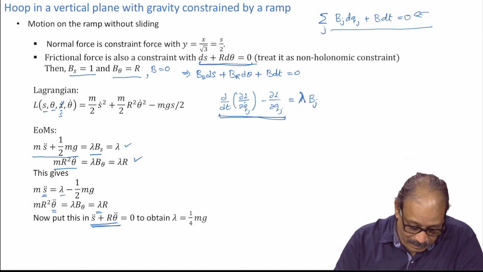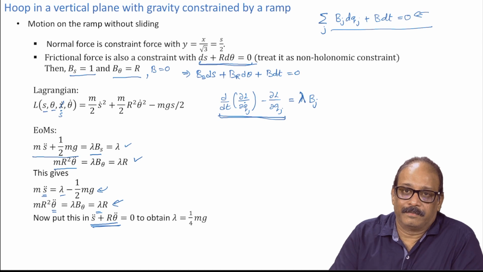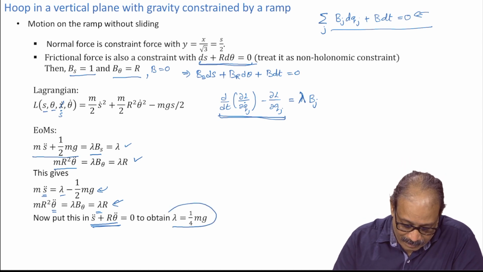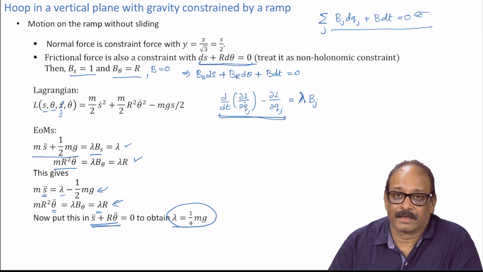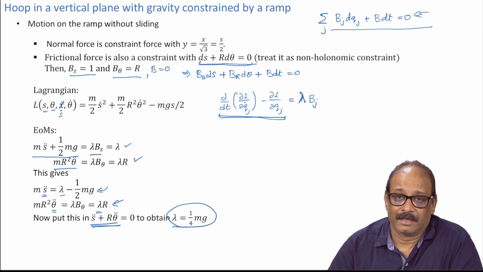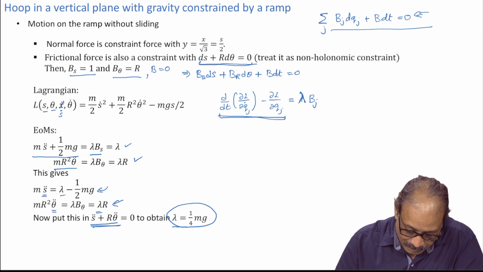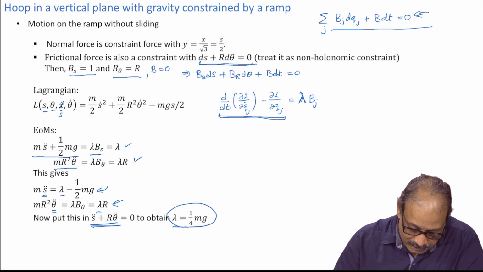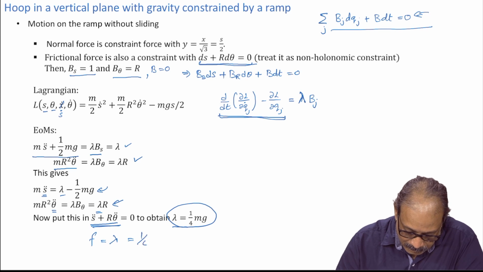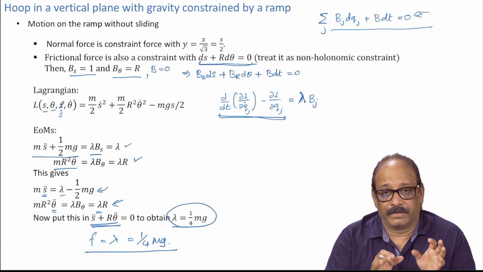Then I put in the s double dot and theta double dot which I have obtained from the two equations above, and that immediately gives you lambda is equal to 1/4 m g. This we immediately recognize is nothing but the value of the frictional force.